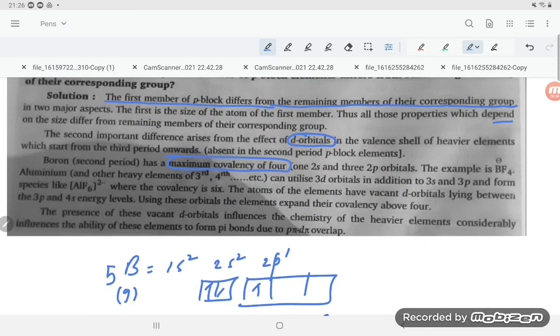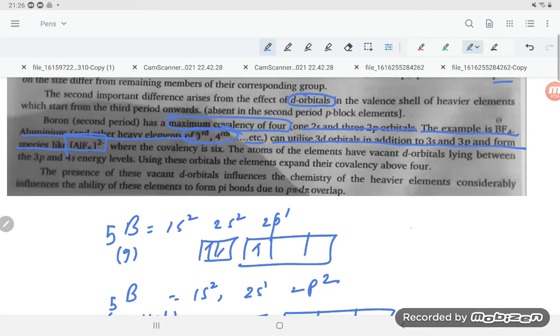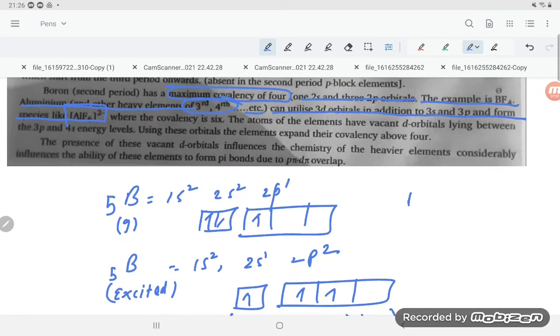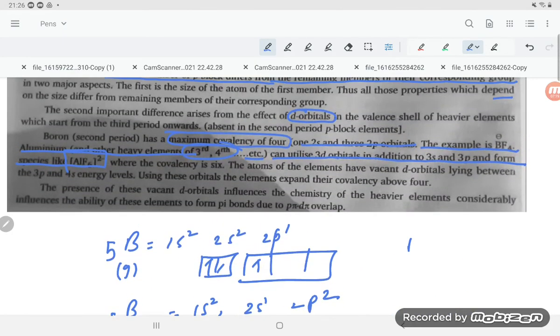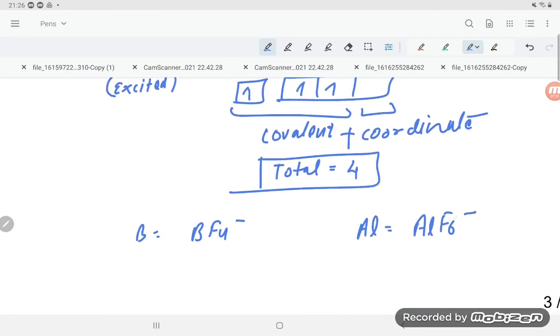Now here, the 2s2p orbitals, the example is BF4 minus. Aluminium and other heavy elements, the third, fourth periods etc., can utilize 3d orbitals in addition to 3s and 3p to form AlF6 3-. Boron forms only BF4 minus, but aluminium forms AlF6 3-.